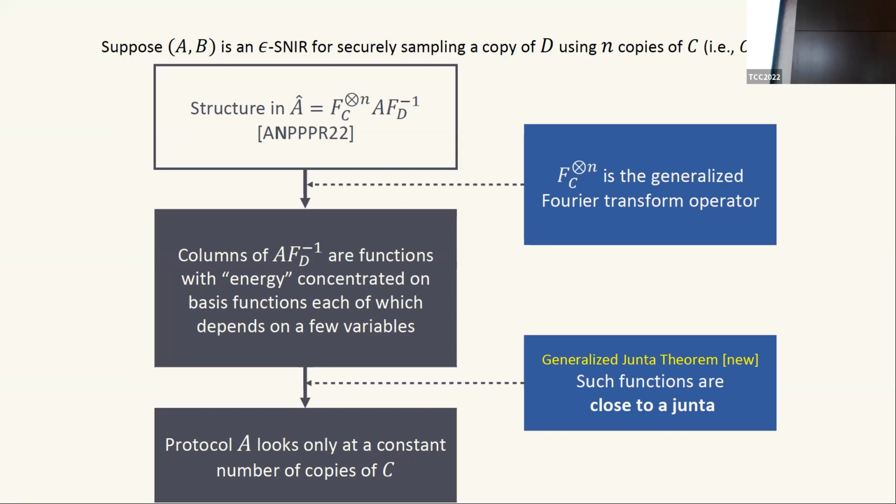But since there are only a finite number of protocols that take a constant number of copies of C and do a reduction, this should mean that there is a protocol realizing perfect SNIR.